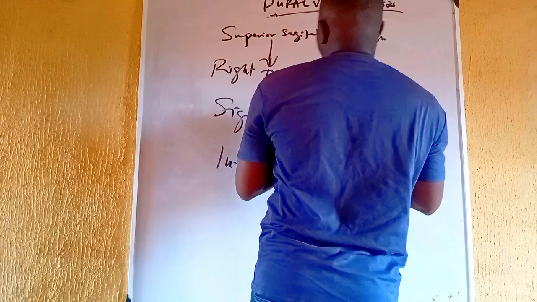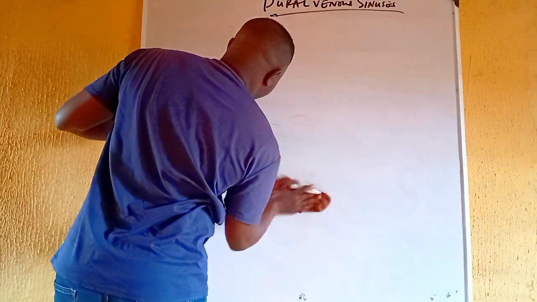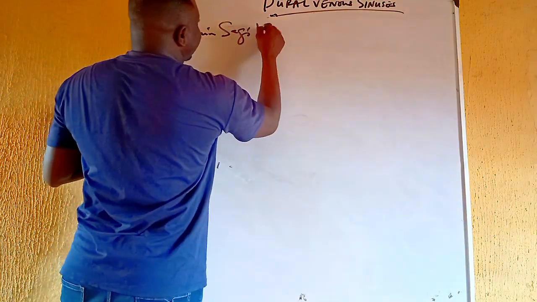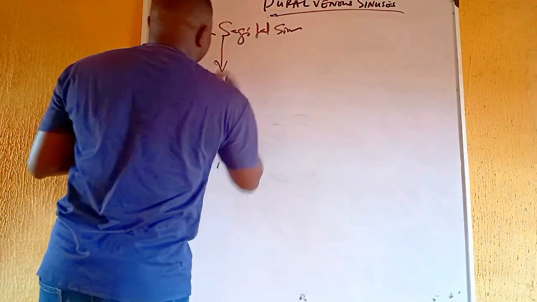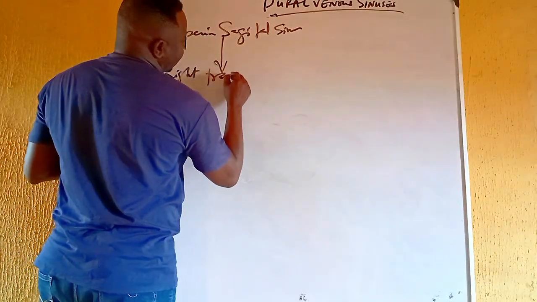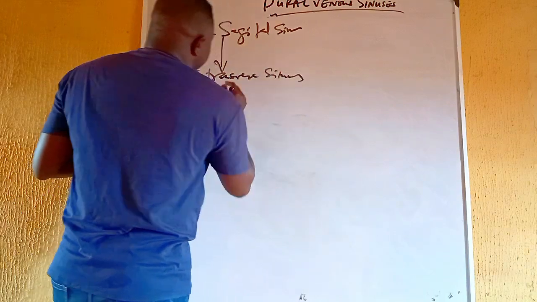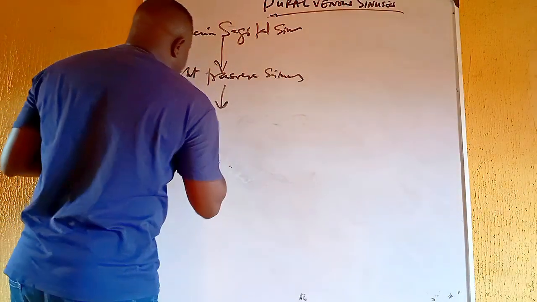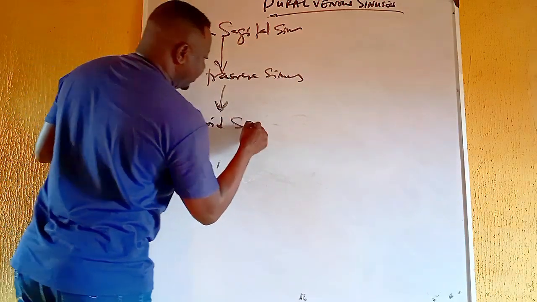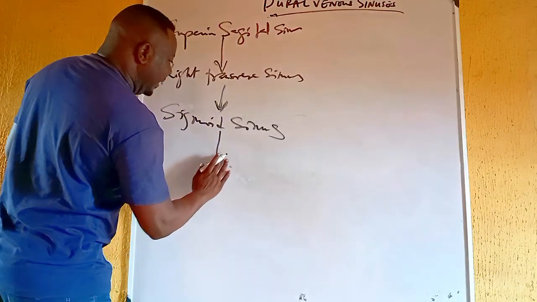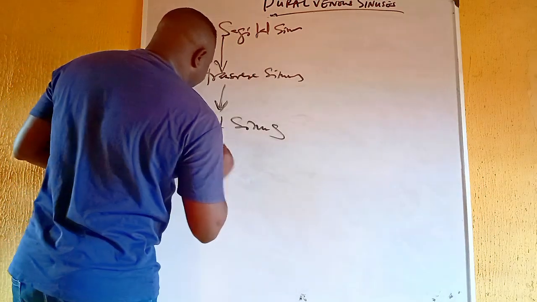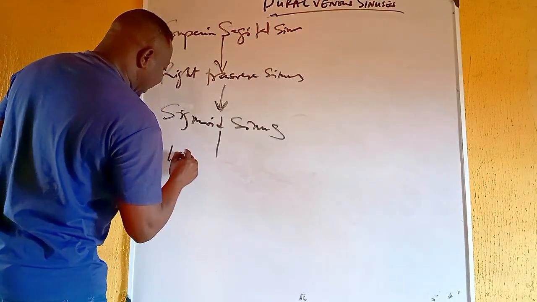Let me write it this way. The superior sagittal sinus joins with the right transverse sinus. The right transverse sinus eventually becomes the sigmoid sinus that eventually drains into the internal jugular vein.